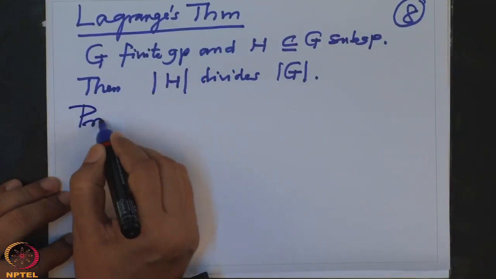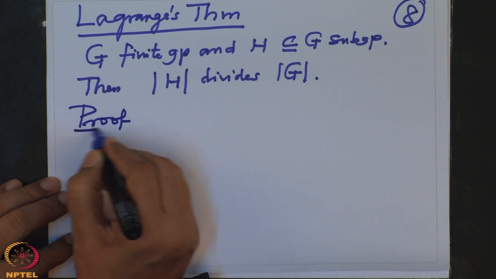However, Lagrange didn't come to this statement in this way. Lagrange came to this statement by computing the fixed points of some group action. But this is very easy to prove. This is more of set theory than group theory. So, how does one prove it? Proof.